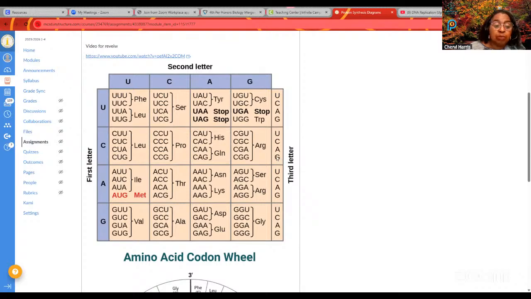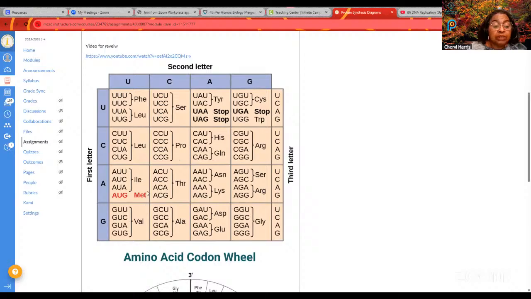G is going to be the bottom row of that box. So CCG is the bottom one in the second row, second box, and PRO stands for proline. These have all been abbreviated, but it has the name of proline. So that's the amino acid that's going to be retrieved when we try to build our protein.